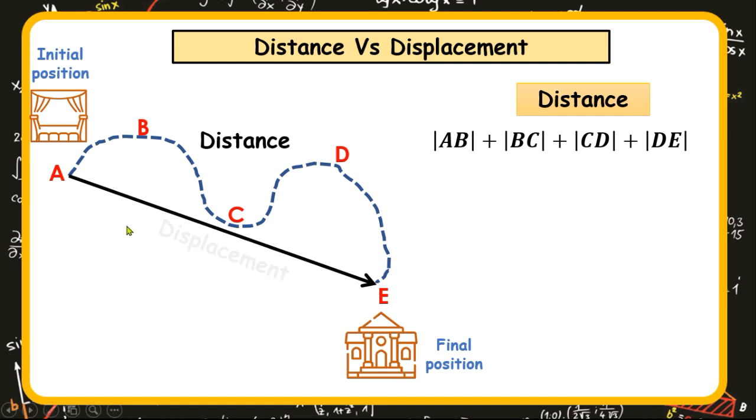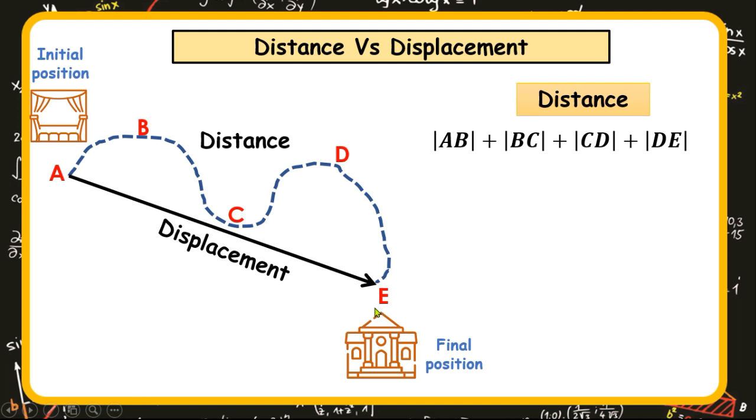displacement, just look at where you were originally, A, as your initial position, and now where you are as a destination, your school, the final position. So just look at a straight line from your initial position to your final position in that particular direction, without following the route that took you to your final position.